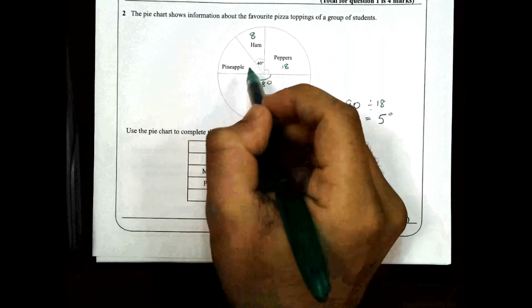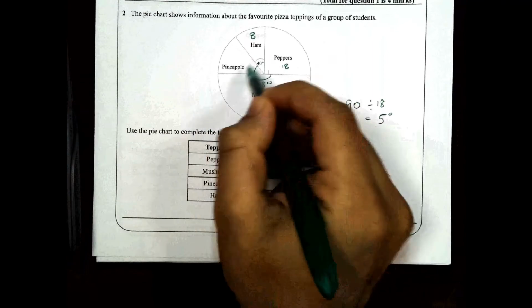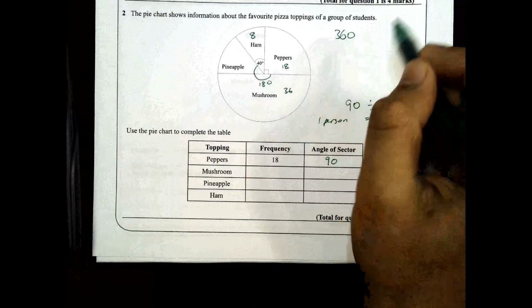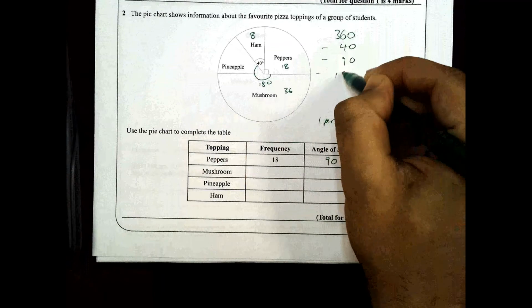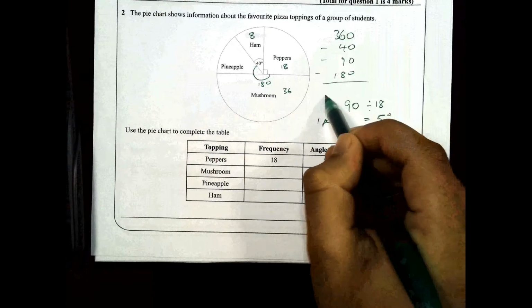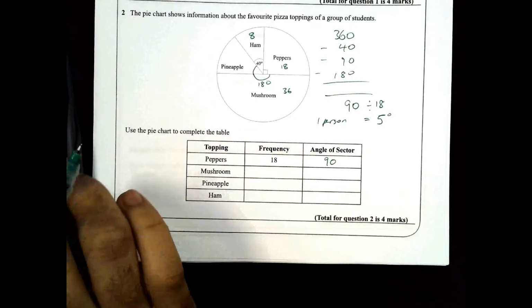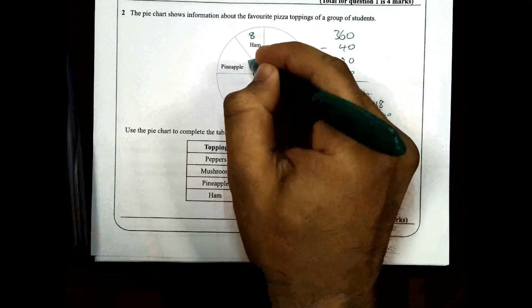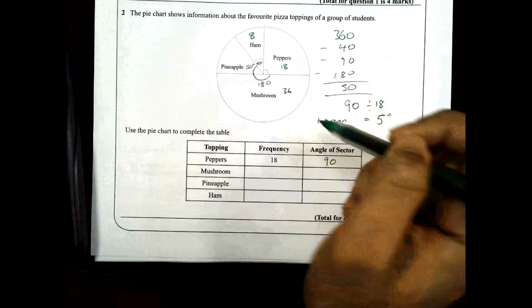And finally, pineapple. Well, if you know that it adds up to 360 altogether, and I've already got 40, I've already got 90, and I've already got 180, then I know that what's left is going to be, I can use a calculator for this, 50 degrees. So a pineapple is a 50 degree angle. Now, how many 5s fit into 50? 10.